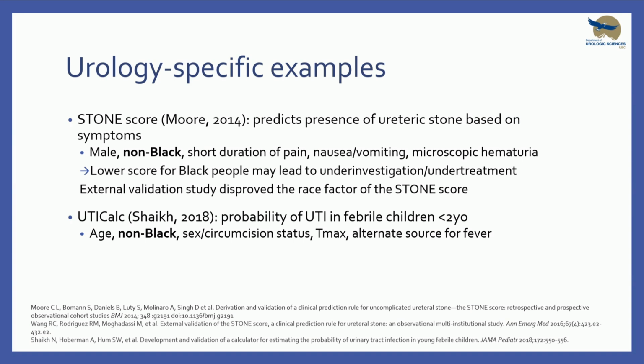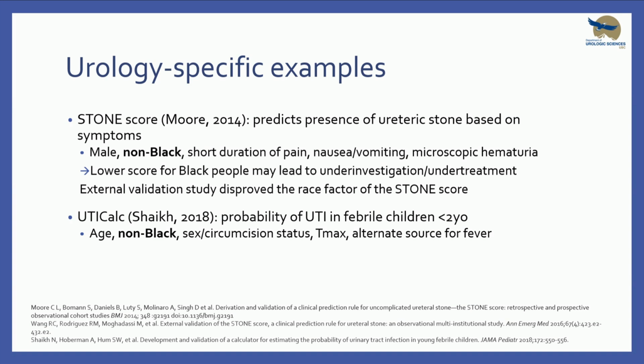Their risk factors included male, non-Black, short duration of pain, nausea, vomiting, and microscopic hematuria. So you'll note that if you had a Black patient before you, you'd give them a lower score, which could lead to under-investigation and under-treatment. And indeed, there was an external validation study done later that disproved the race factor of the STONE score.